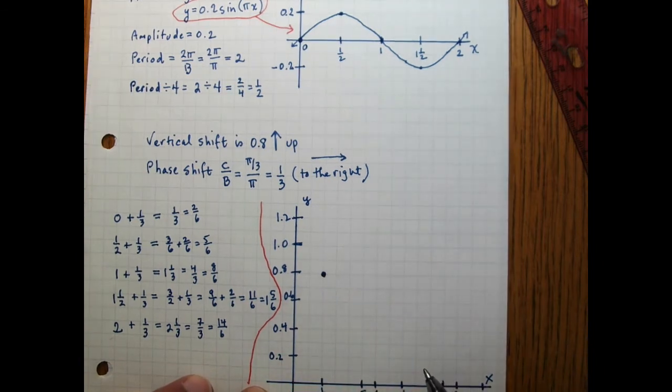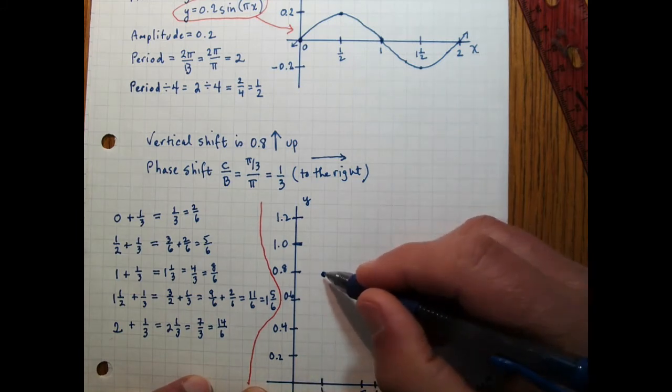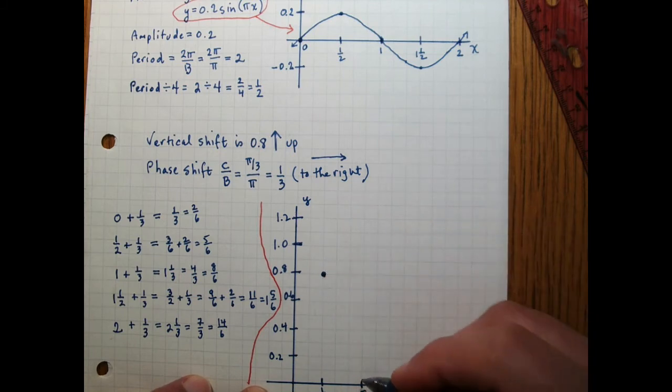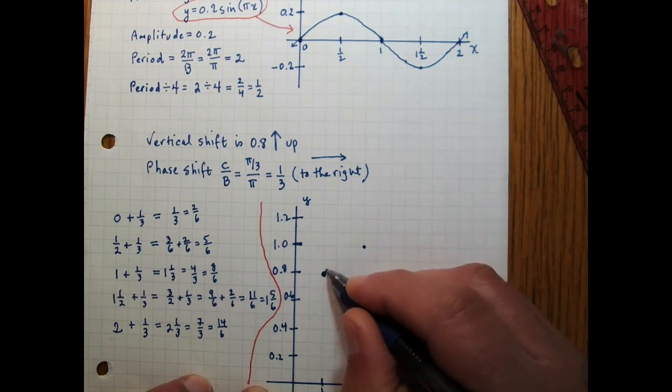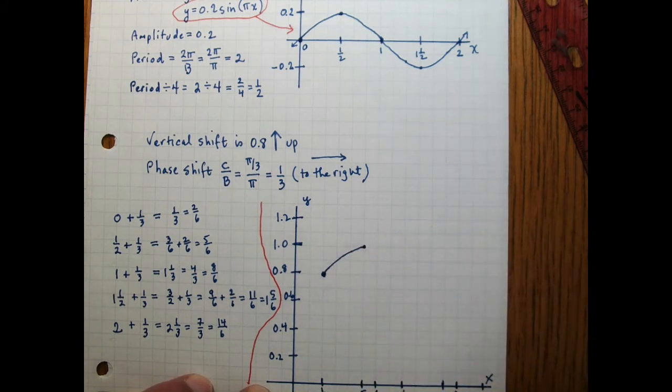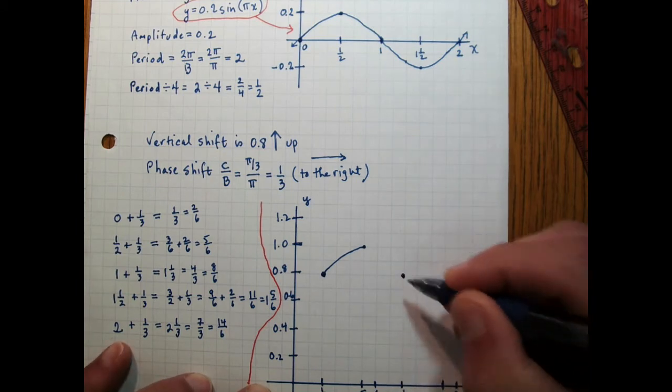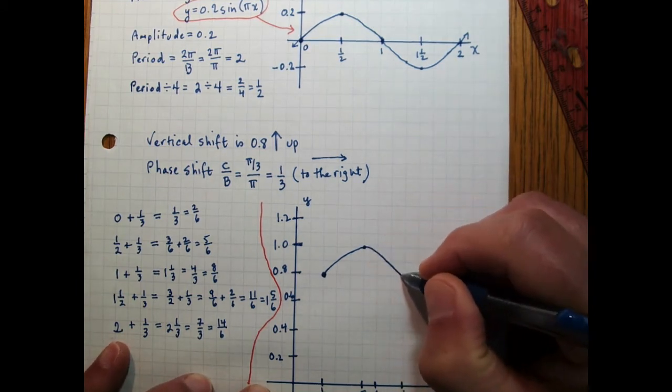And let's see, next, now I'm drawing a graph of sine, so I know I'm going to rise up 0.2 units. So at 5/6, I'm going to be at 1.0, 0.2 units higher at that max point. Then at 1 1/3, I'm back to 0.8.